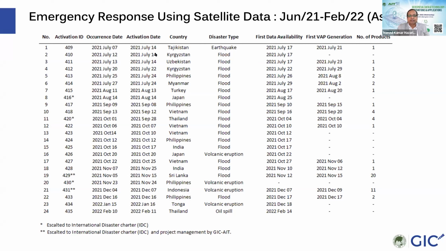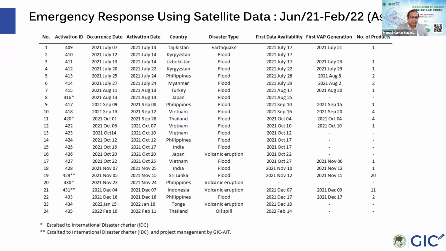And you can see mostly 80% or more is actually flood. But surprisingly, last year there were several volcanic eruptions in Japan, Philippines, Indonesia, and also Tonga very recently. This is very unusual. Mostly we get flood and, to some extent, landslide.